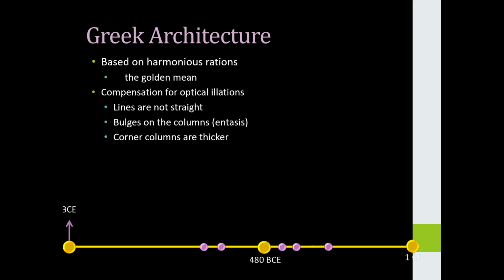Another thing that the Greeks would use is a compensation for optical illusions. When we as human beings look at the distance, because of our own perception of nature, things are changed from their reality.